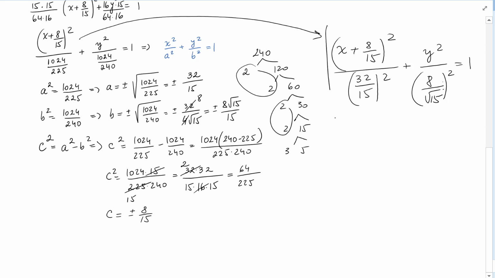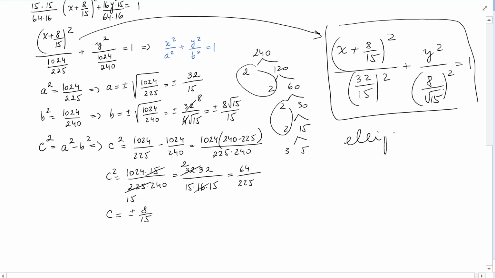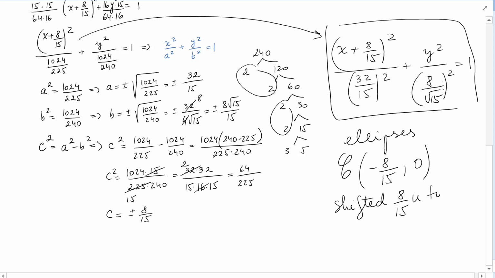So we obtained an ellipse that has the center at negative 8 over 15, 0. So the center was shifted 8 over 15 units to the left.